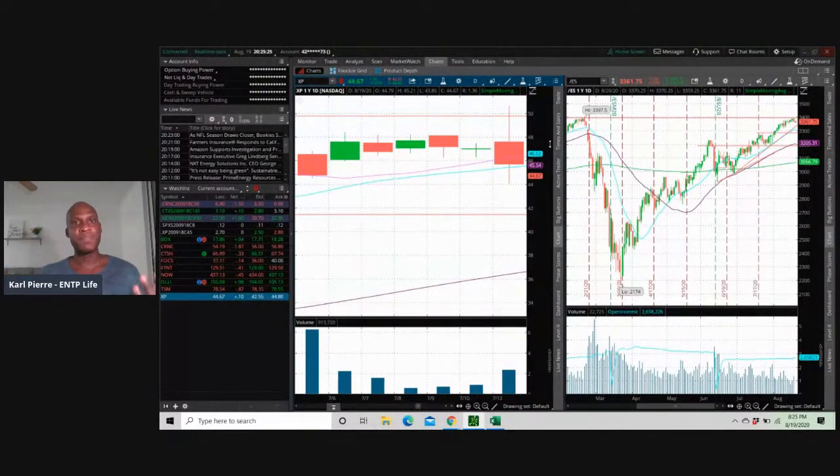Why? There was heavy buying and heavy selling at this single price, meaning that there was a huge unloading of stocks.